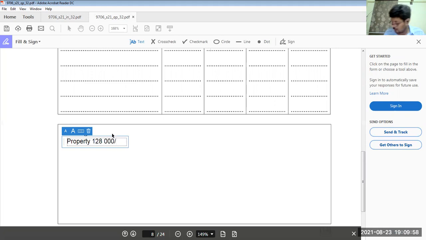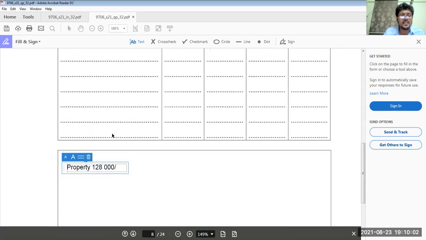If we divide it by the cost of property at the start of the year, that was 3,20,000. So the answer would be 128,000 divided by 3,20,000, which is 40%. It means 40% of the property is depreciated.